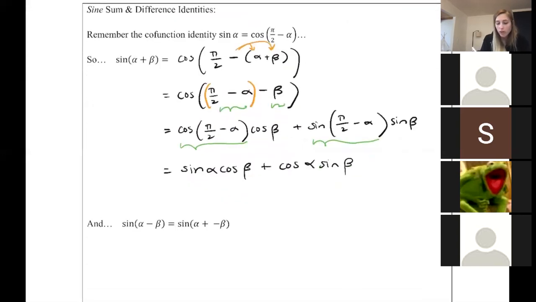And that is our angle sum identity. That sine of alpha plus beta is equal to sine alpha cosine beta plus cosine alpha sine beta.